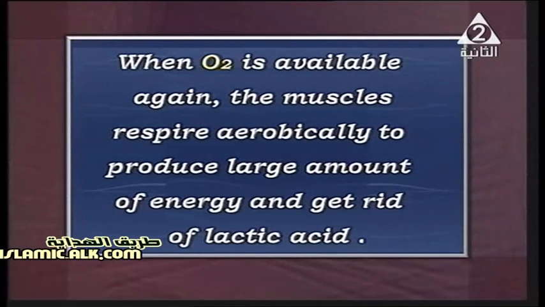Got the difference between them? Anaerobically there is no oxygen, while in the presence of oxygen the muscle respires aerobically to produce large amounts of energy and get rid of lactic acid. Get the difference? Thank you.